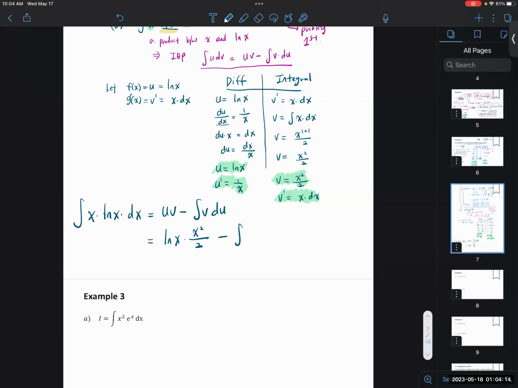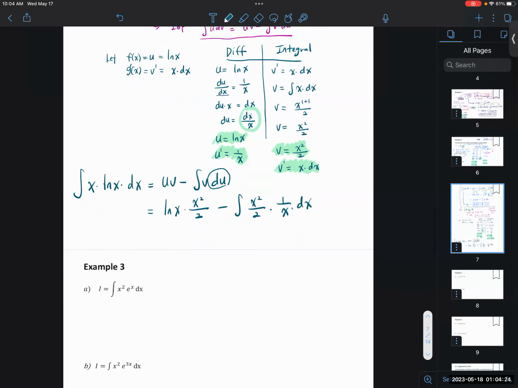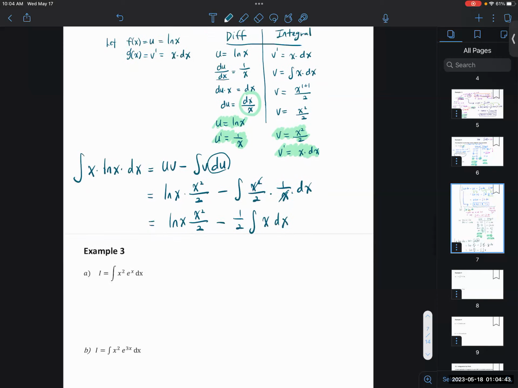Minus the integral of v, x squared over 2, du, which is 1 over x dx, correct? So if I simplify, it is ln x times x squared over 2, minus the integral, I can bring 1 over 2 to the front, and x cancels, with 1 x remaining.